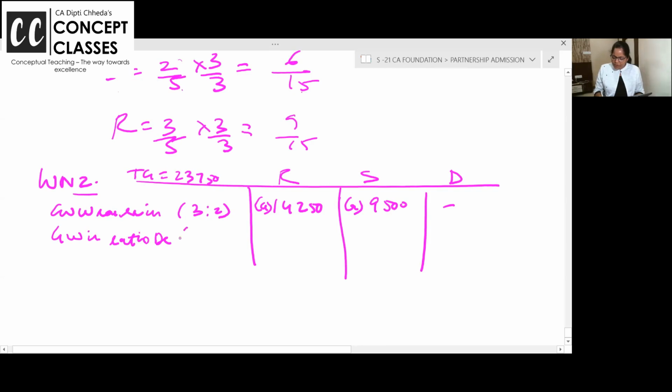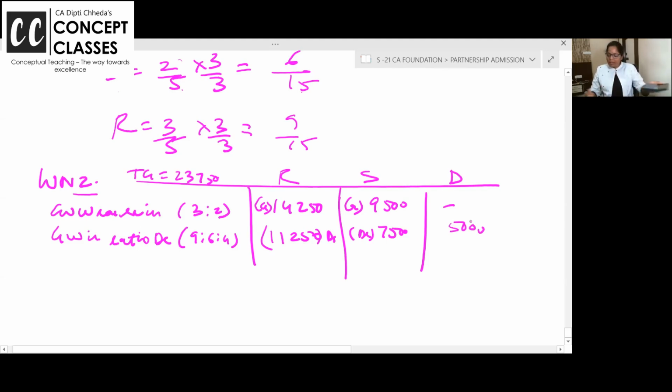Write off in new ratio, debit, 9:6:4. 23,750 into 9 by 19 is 11,250 debit. 23,750 into 6 divided by 19 is 7,500 debit. 23,750 into 4 divided by 19.